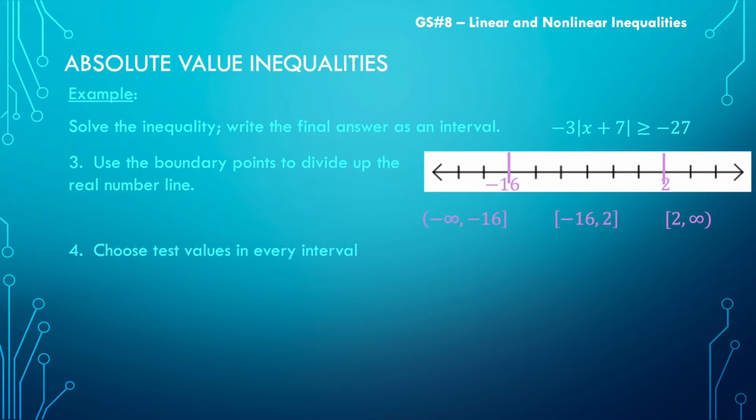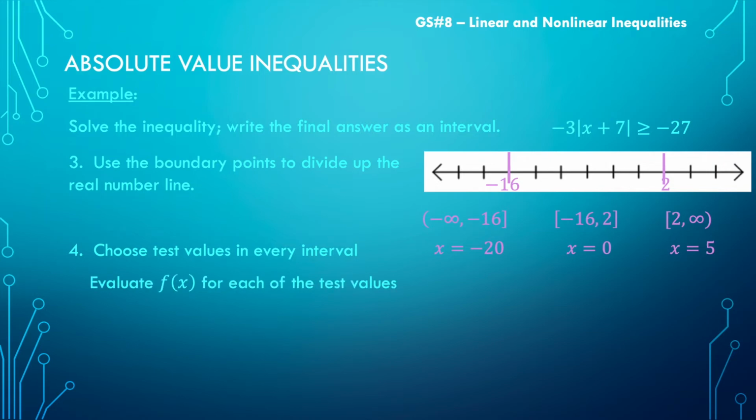Let's choose a value in each of these intervals: anything in the interval from -infinity to -16, anything from -16 to 2, and anything from 2 to infinity. I chose -20 in the first one, 0 in the second one, and 5 in the last one. Then remember that we're going to use those test values in our function, f of x.